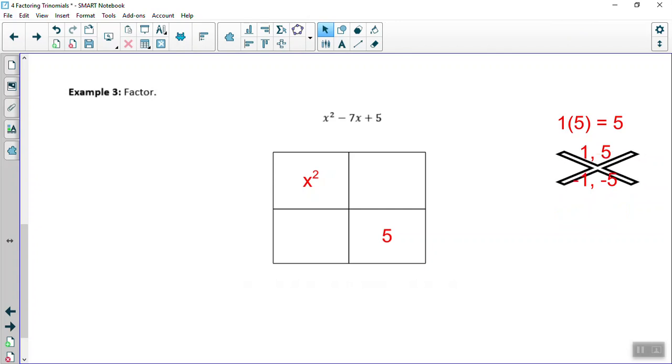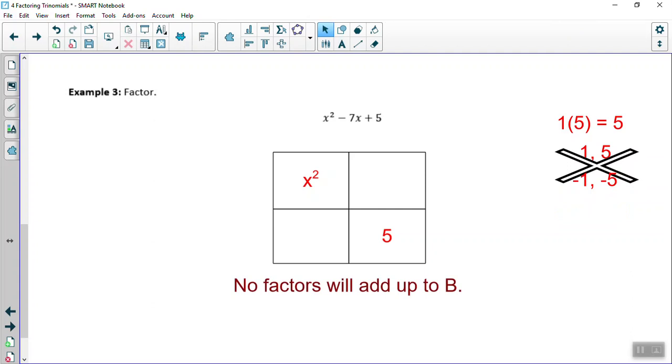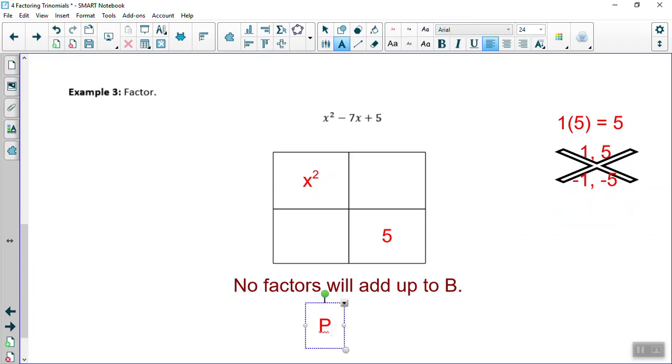So there are actually no factors of 5 that add up to -7. So there's no factors that will add up to b. When this happens, we call this prime. So this is a prime trinomial or a prime quadratic.